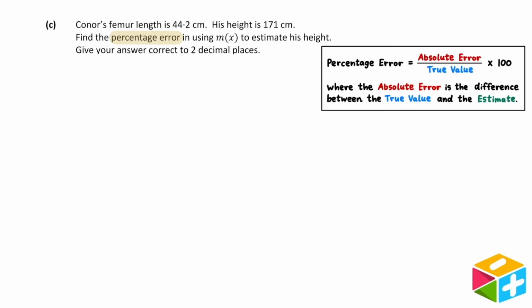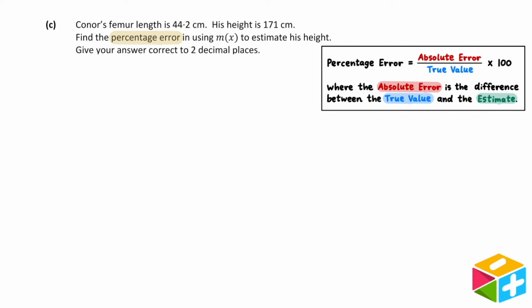The percentage error is equal to the absolute error divided by the true value times 100, where here the absolute error is the difference between the true value and the estimate.